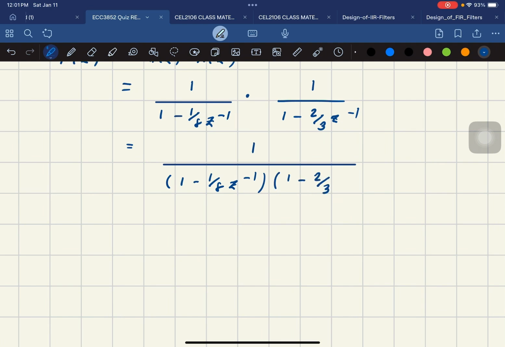Okay, so this is the Y(z) output. But it's not simplified, so we need to simplify Y(z) into simpler terms.